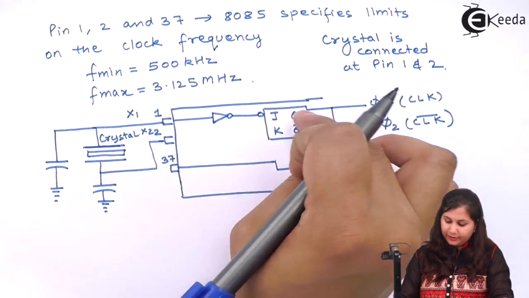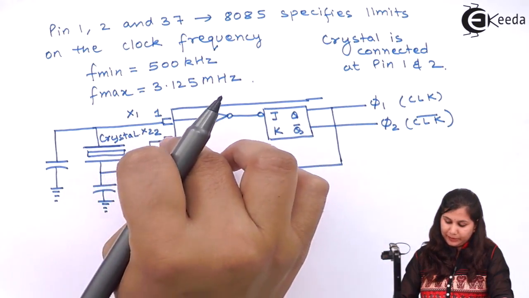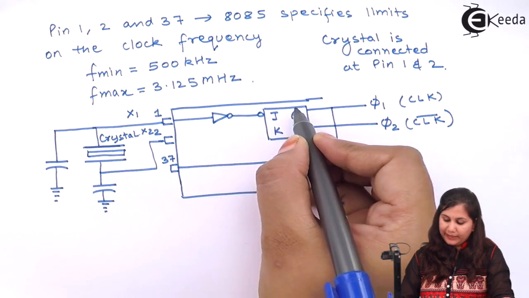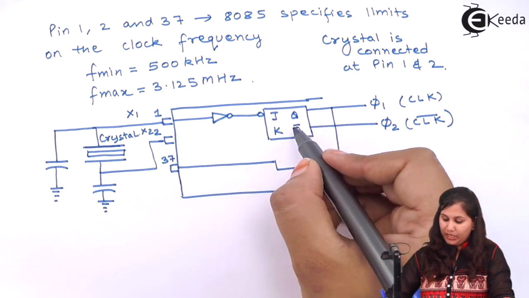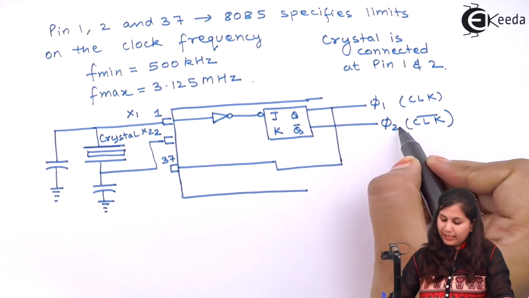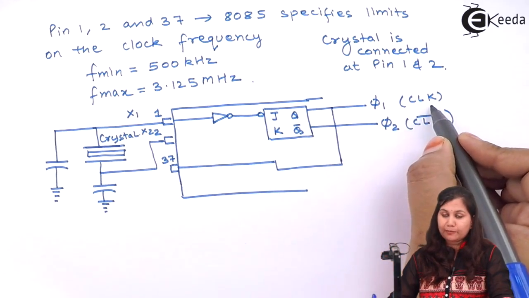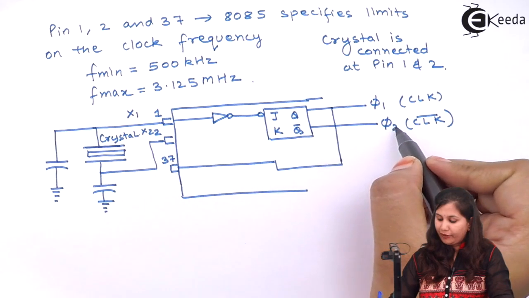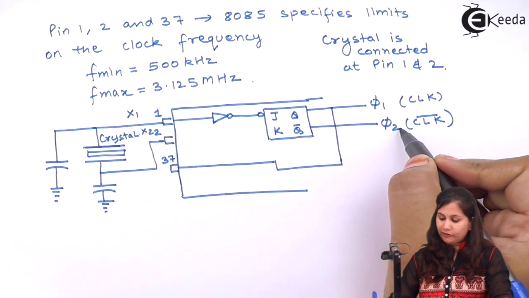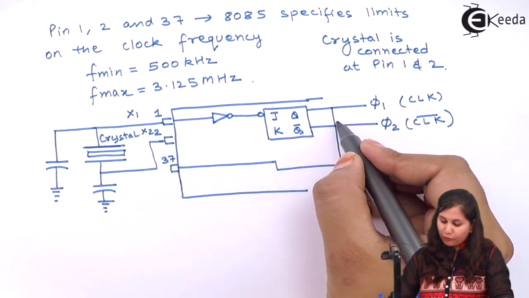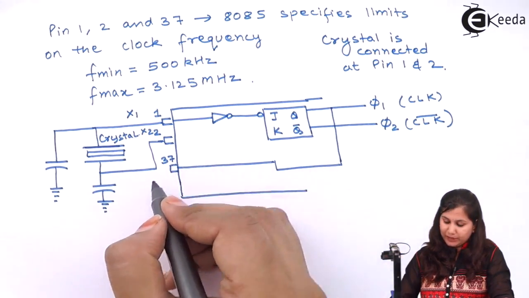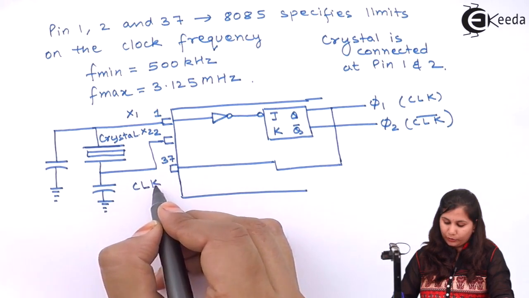Now the internal structure of pins 1 and 2 is like this: here we have an inverter and this inverter is providing the signal to the JK flip-flop, and this flip-flop produces two outputs. One is phi 1 and second is phi 2. Phi 1 is representing the clock pulse and phi 2 is representing the reverse of it. Suppose here we are getting 1, then it will give us 0. And this output clock pulse is given to the 37th pin.